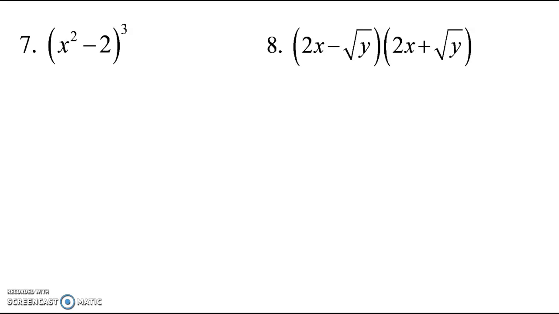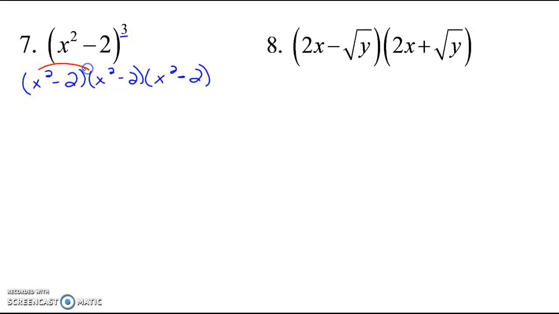All right, similar to how we did that previous problem, since it's to the 3rd power, we need 3 of these. Because there's a subtraction sign, or if there was an addition sign, we can't just distribute that power. We can only do that if everything's being multiplied or divided. Okay, so what you want to do is just take 2 at a time.